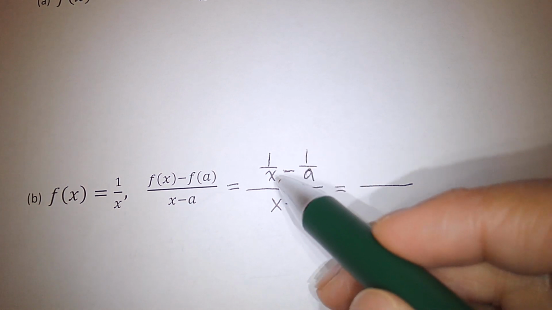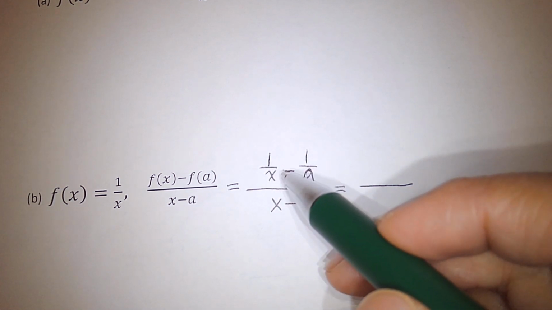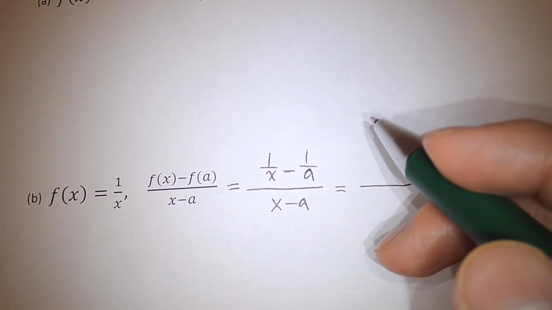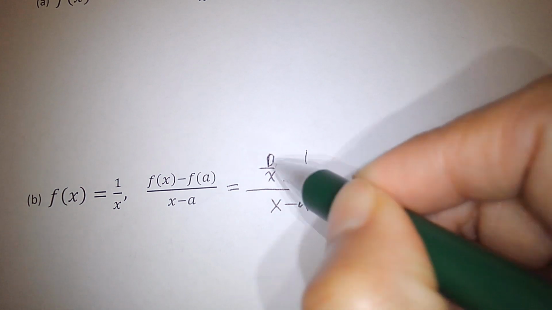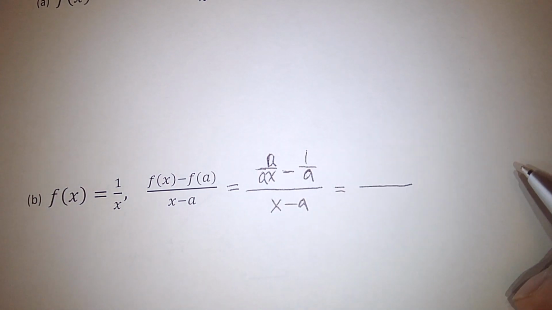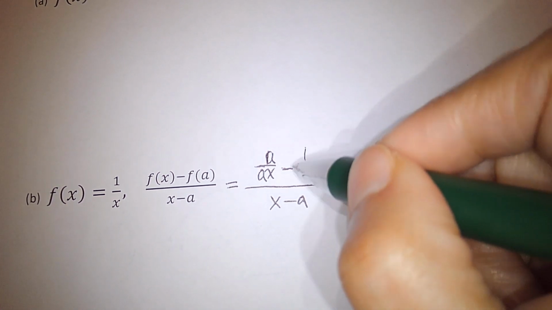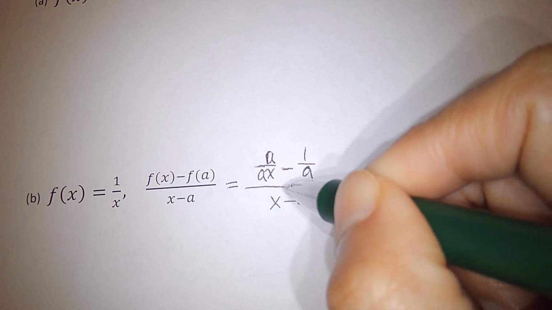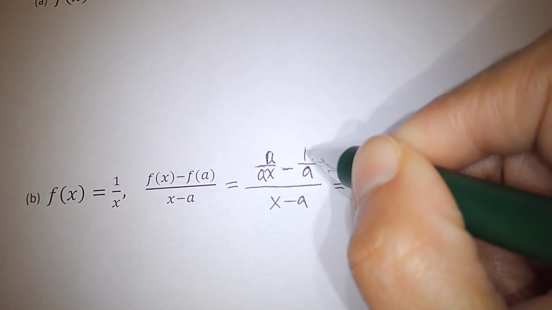One denominator is x, the other is a, so what is the LCD? x times a, right? So we multiply a to both top and bottom of the first fraction, making it a times x, or x times a, it doesn't matter. For the second fraction, we need to have the LCD ax. How? By multiplying both top and bottom by what?